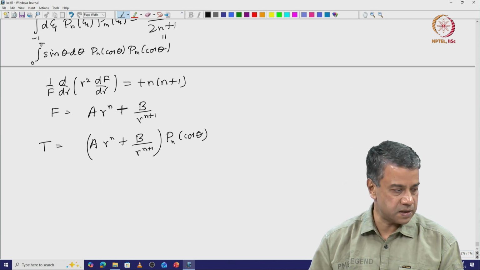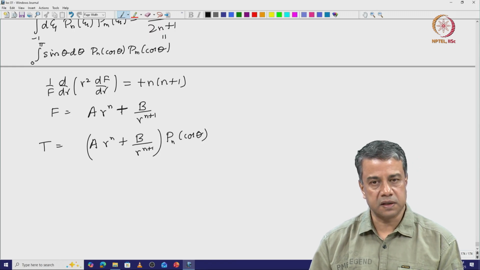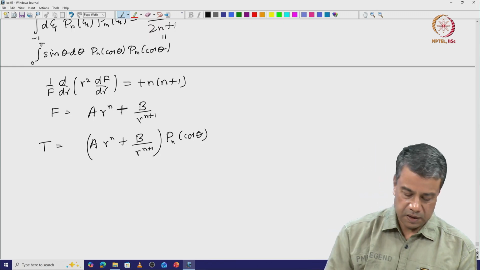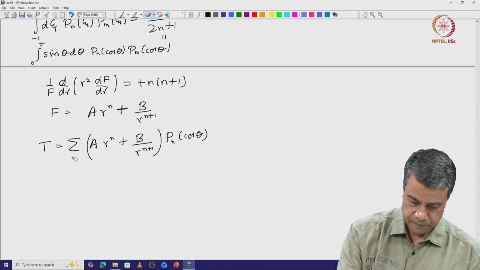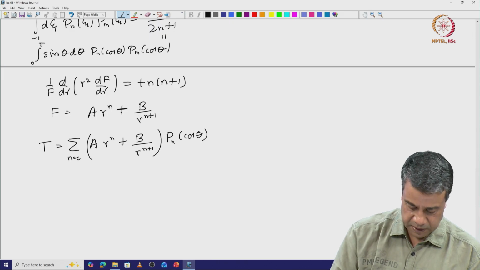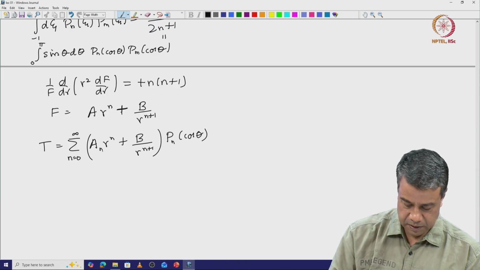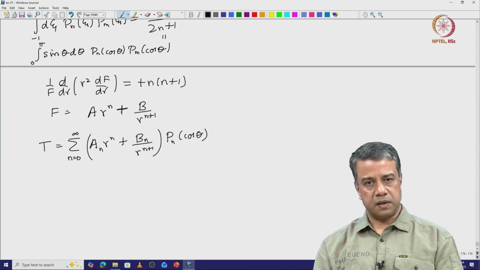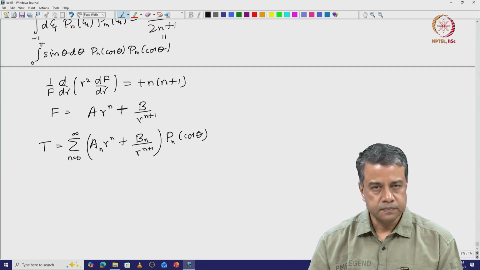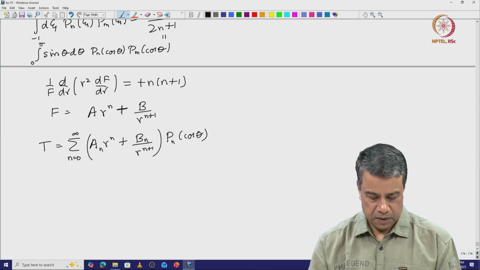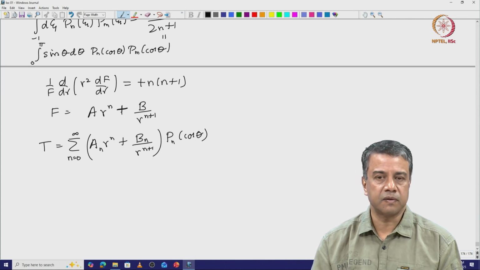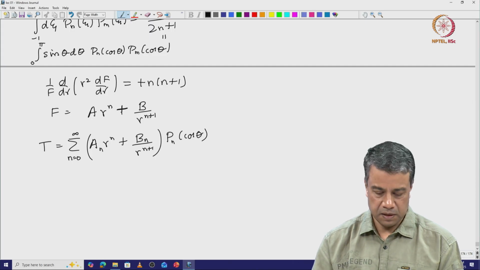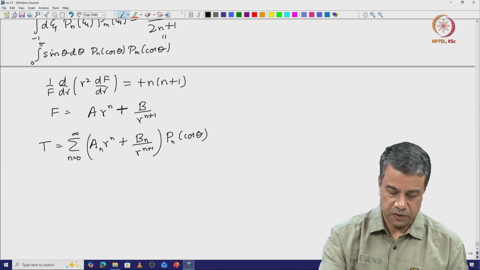That means that the most general solution is a summation to infinity of a n r power n plus b n by r power n plus 1 times Pn of cos theta, and of course, a n and b n have to be determined from the boundary conditions in the radial direction, because that is what we have not yet enforced so far.